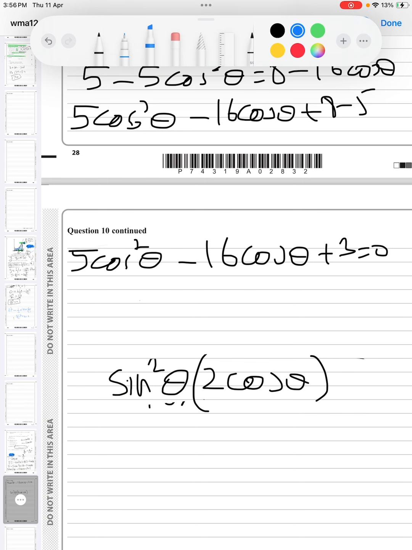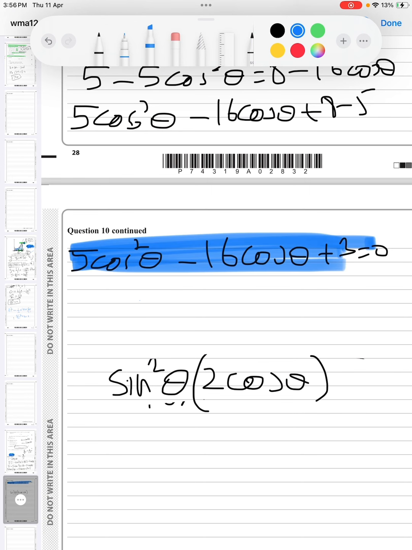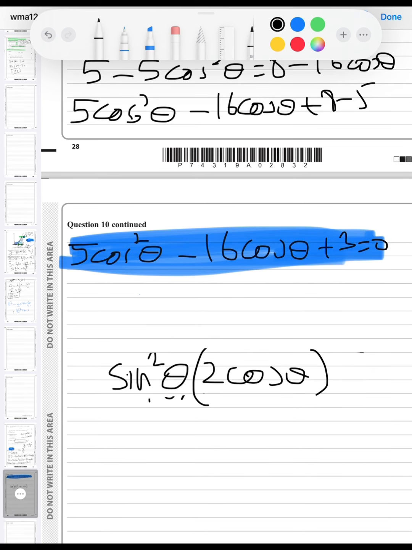So what we will do is factorize this. I'm just factorizing: minus 15 cos theta plus minus 1 cos theta, plus 3.